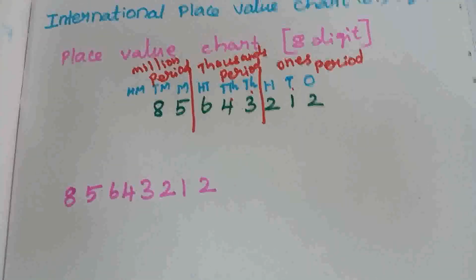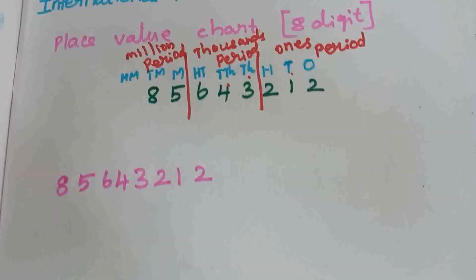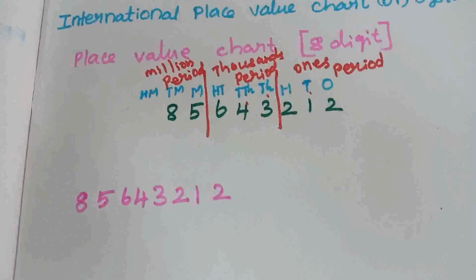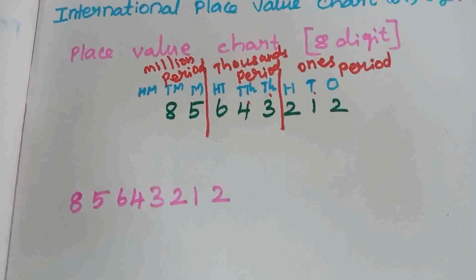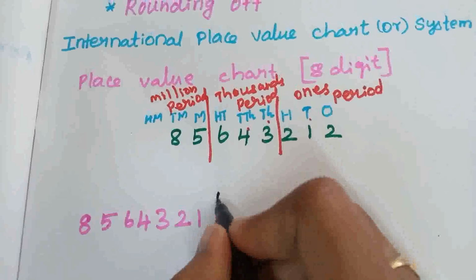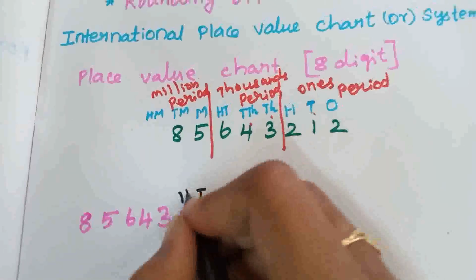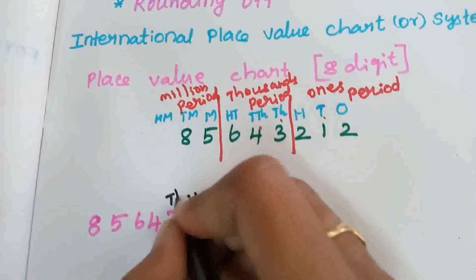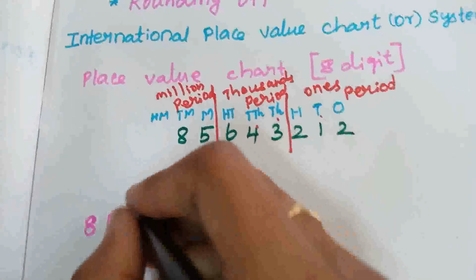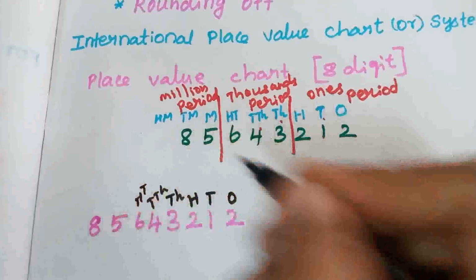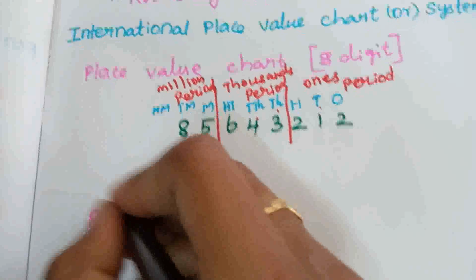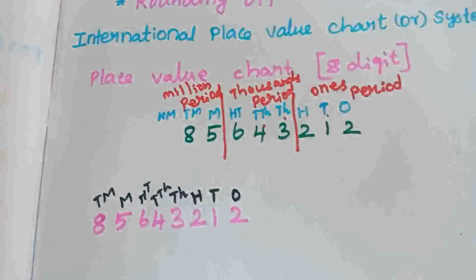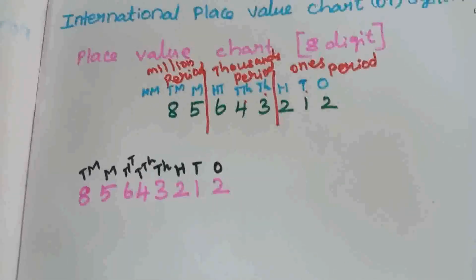Whenever you see any number, you have to write the places first. First, ones, tens, hundreds. Next, thousands, ten thousands, hundred thousands. Million, ten million. Now I am going to put the commas.